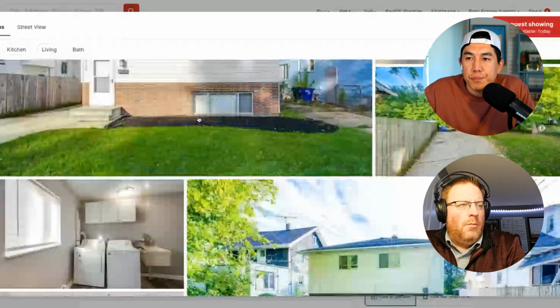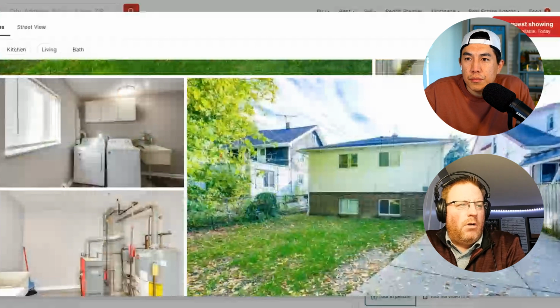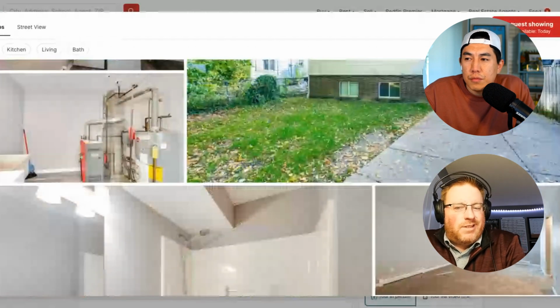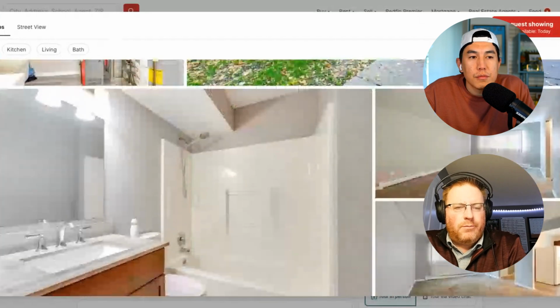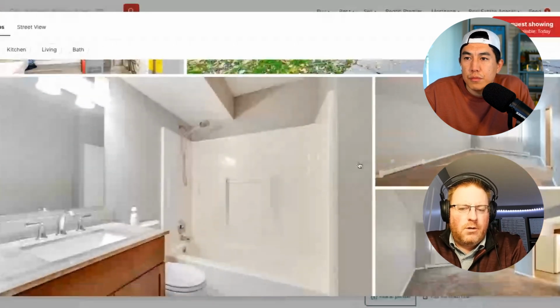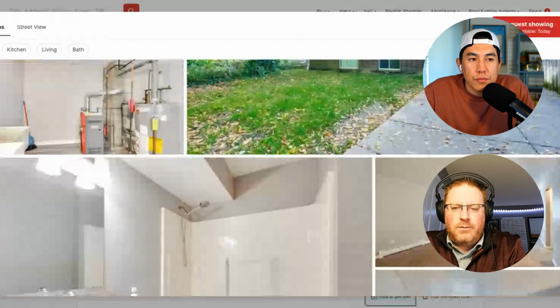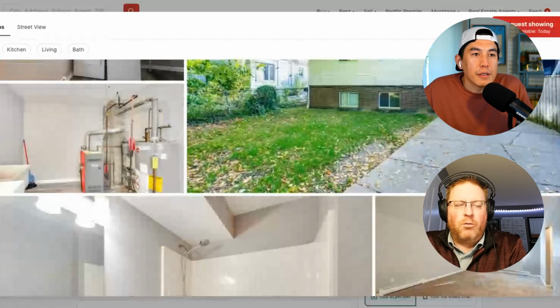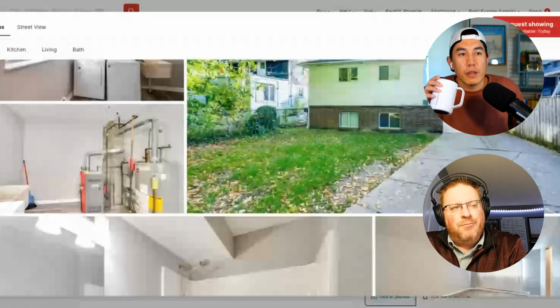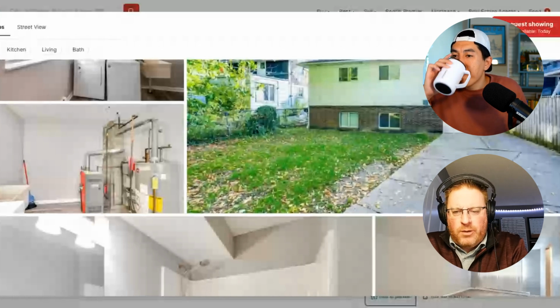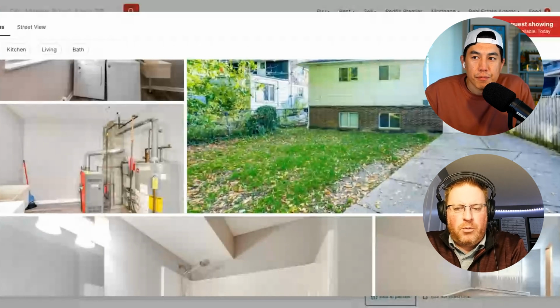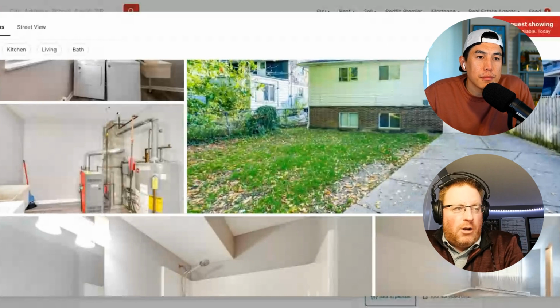Going into the interior photos, it's steam heat, so you do have a boiler versus a forced air furnace. That's one thing I'll point out. Boilers are a little bit more expensive to replace. They're pretty efficient, and this one's not an older unit.